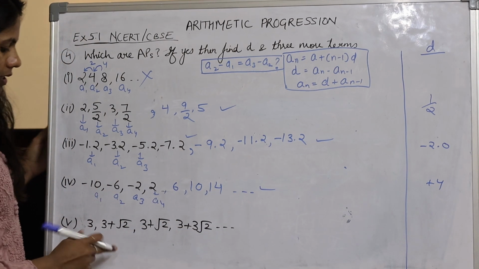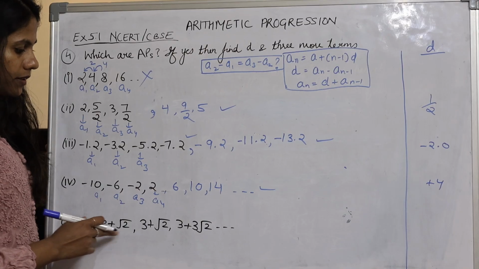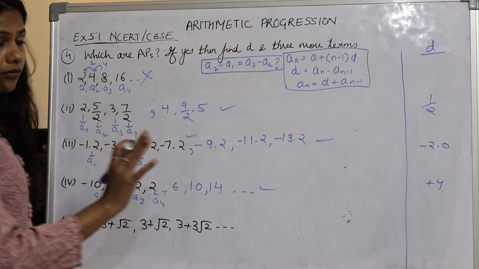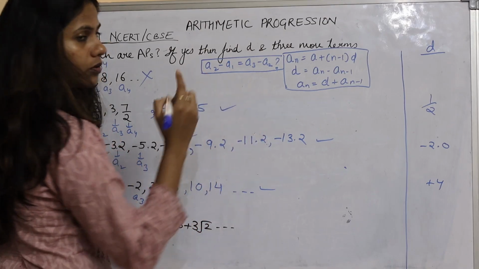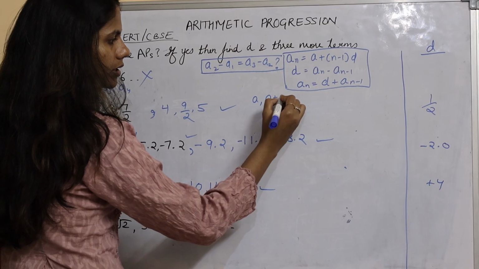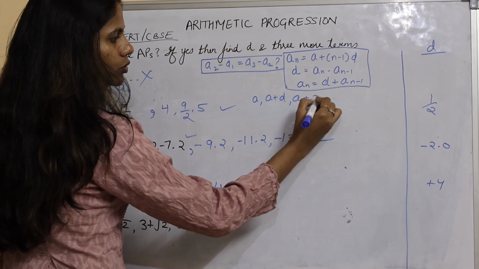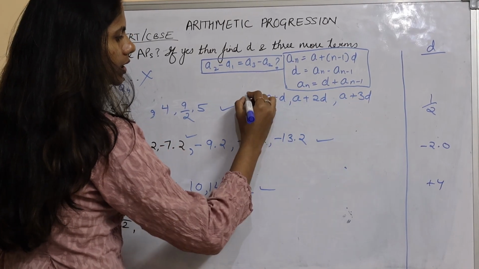Now this one, see, if it is in the form of irrational numbers, in that case you can directly see if it is matching the general form of an AP. So what do you remember the general form? It was like A, A plus D, A plus 2D, A plus 3D.